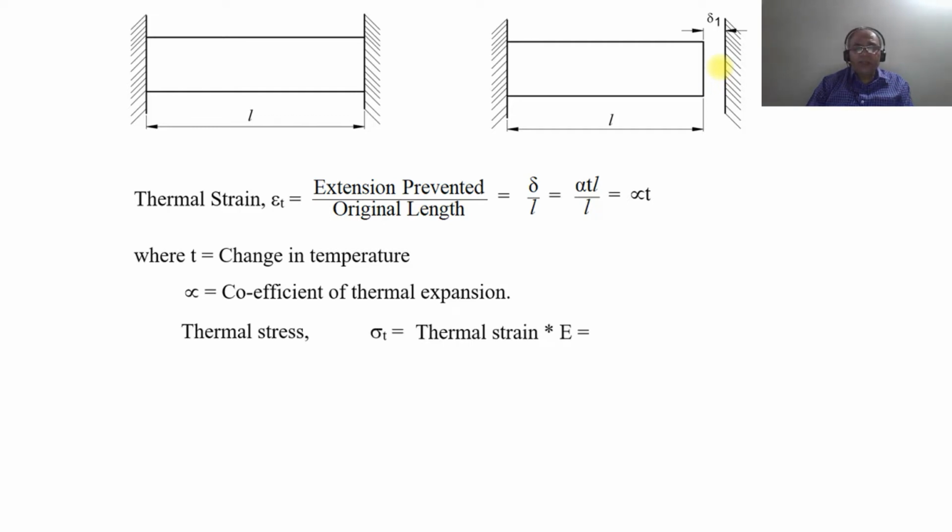Sigma T is equal to thermal strain into E, according to Hooke's law, stress is equal to strain into Young's modulus. The thermal strain is alpha into T, so it is multiplied by E, where E is the Young's modulus.